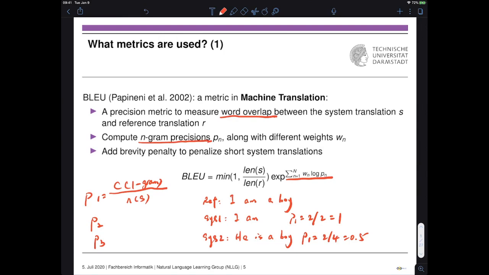So BLEU score thinks system translation 1 has better quality than the latter one. But obviously, it is not, right? That's the reason why we need to add a brevity penalty term to penalize short system translations.